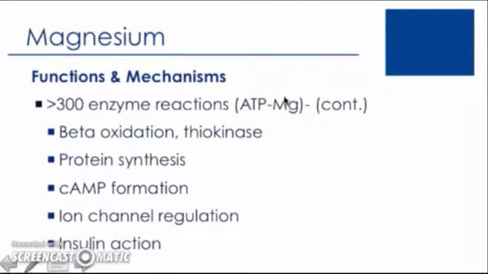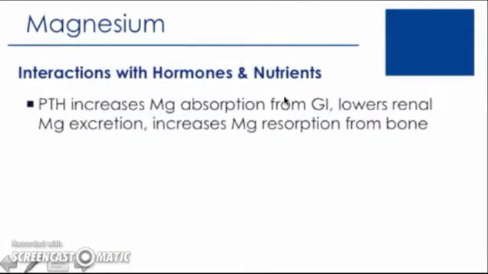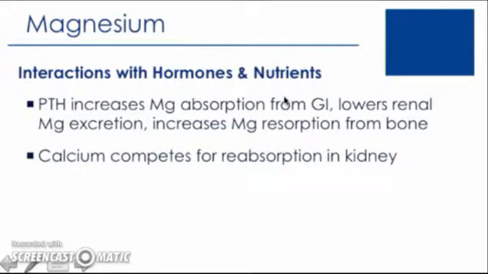We're going to see here some interesting interactions of magnesium with different hormones and nutrients, and another similarity with calcium. Parathyroid hormone increases the absorption of magnesium from the gastrointestinal tract, lowers renal magnesium excretion, and increases magnesium resorption from bone.